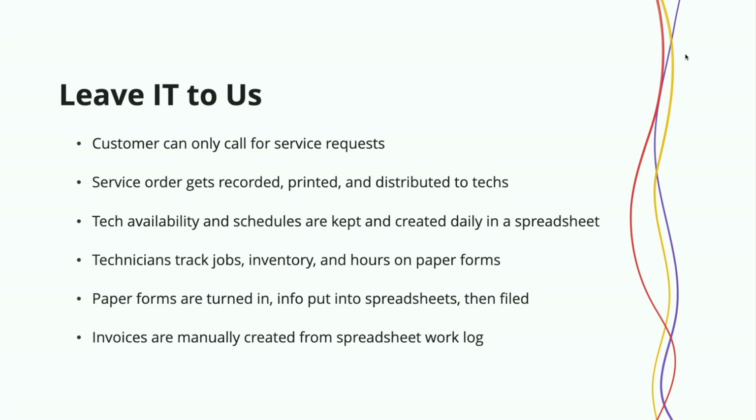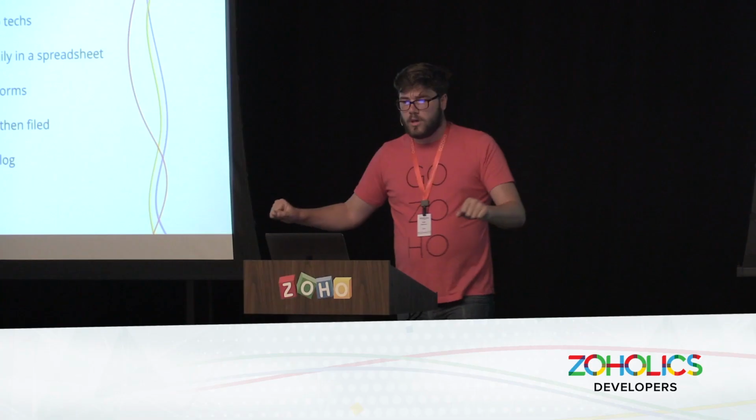That distribution runs up against a schedule that they're making in a spreadsheet, where they're collecting availability, mapping that against the different types of people that can do different things based on their certifications, and trying to figure out how to distribute the work orders to all the different people with this spreadsheet, right?